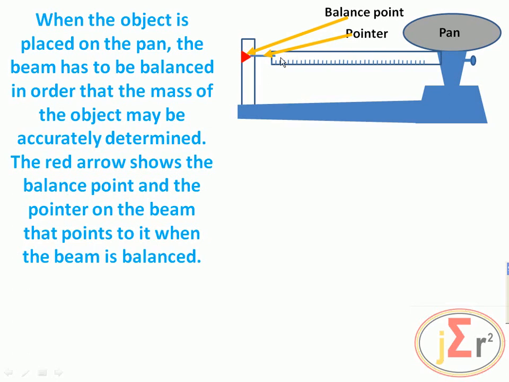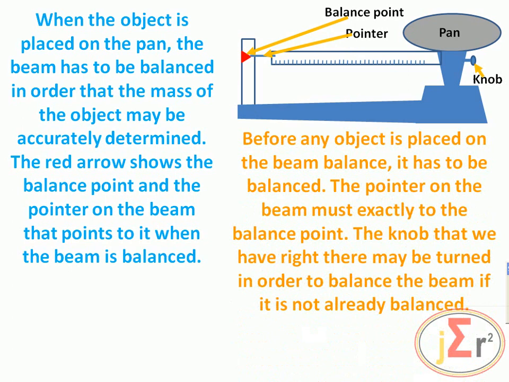So here we have the beam, and the beam has a pointer. The beam is balanced when the tip of the pointer is pointing to the balance point. The red arrow shows the balance point and the pointer of the beam that points to it when the beam is balanced.